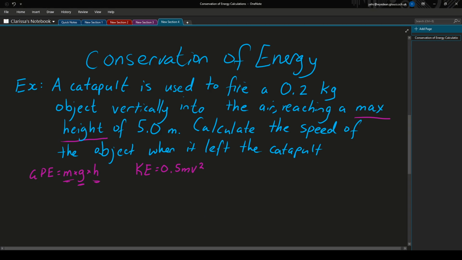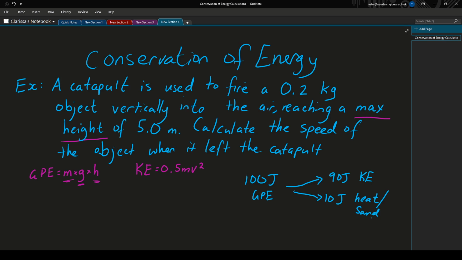So what Louis is talking about is, let's say we had 100 joules of GPE at the start, and 90 of it got transferred to KE, and then 10 joules was lost to heat and maybe sound around the roller coaster. That is spot on, Louis. But as I mentioned, unless a question tells us 10 joules was lost to heat or something like that, we can just assume that all of it was transferred perfectly.